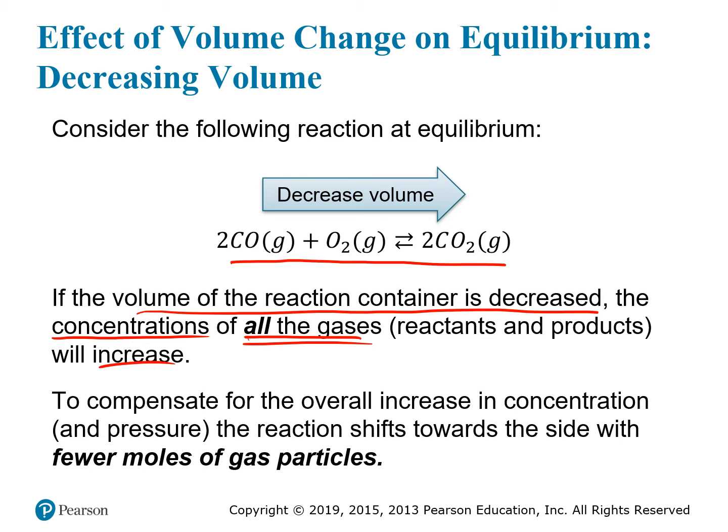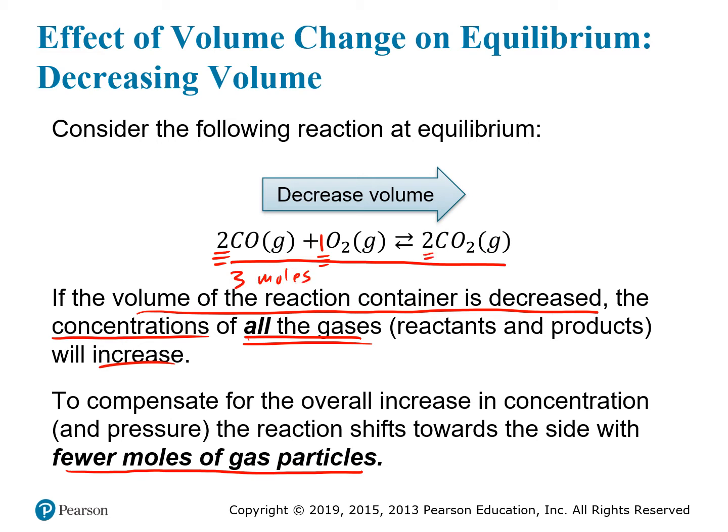The way that a gas phase reaction can decrease the concentration of the equilibrium system is by shifting towards whichever direction has fewer moles of gas particles. So in this case, you have 2 moles of gas particles of carbon monoxide plus 1 mole of gas particles of oxygen on the left-hand side. So that's a total of 3 moles of gas on the left-hand side.